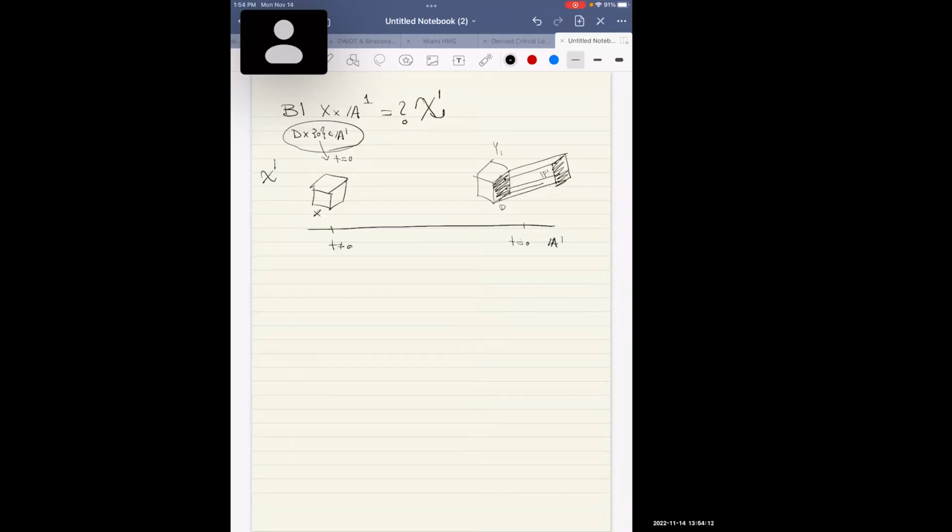This cylinder has two caps. Both of them are isomorphic to D, because P1 has two points, the 0 point and the infinity point. So this cylinder has the 0 section and the infinity section.